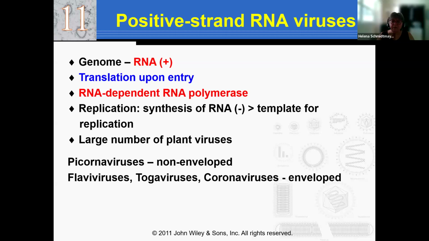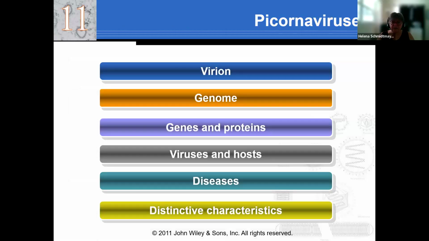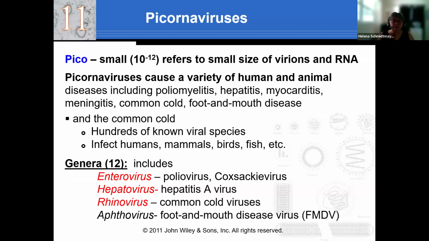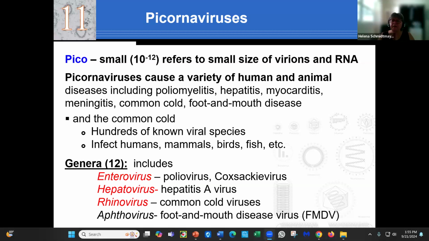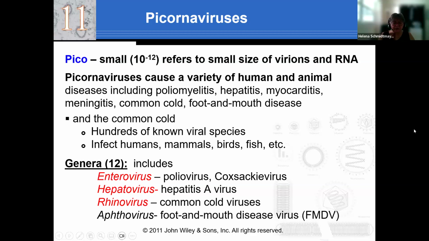So let's start with picornaviruses. As the name tells you, they are very small viruses. They are non-enveloped. They are formed by RNA genome and capsid. There are hundreds of different viral species belonging to this family, and they also have a huge variety of target organisms.